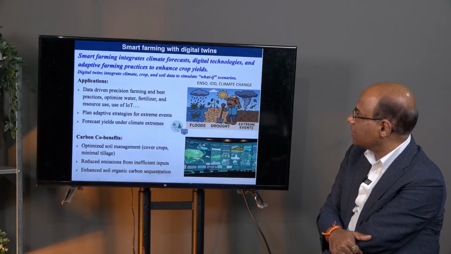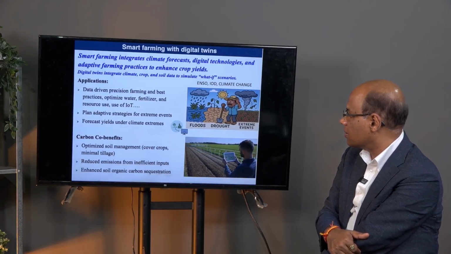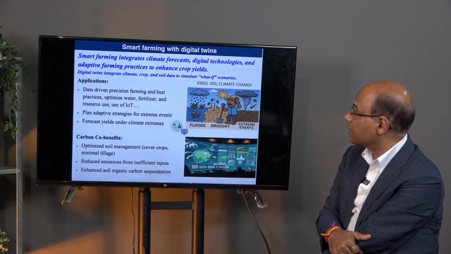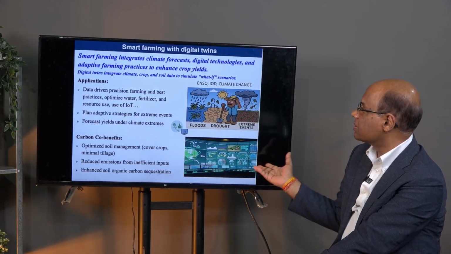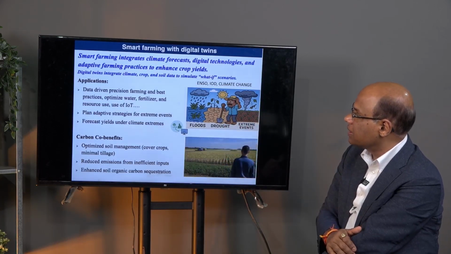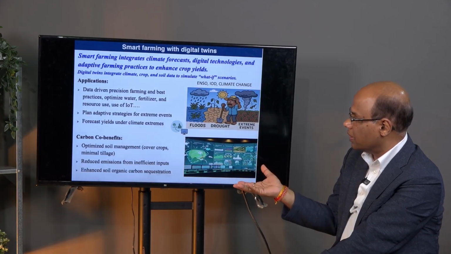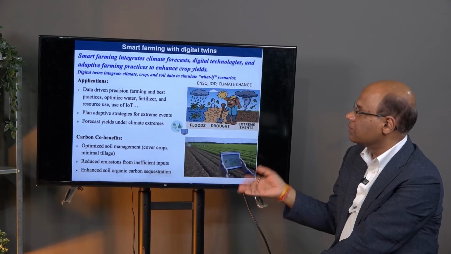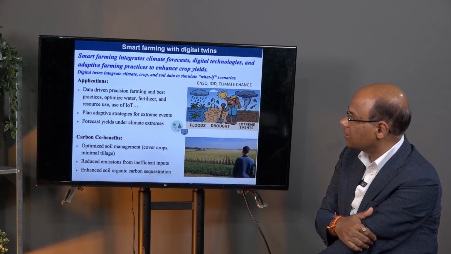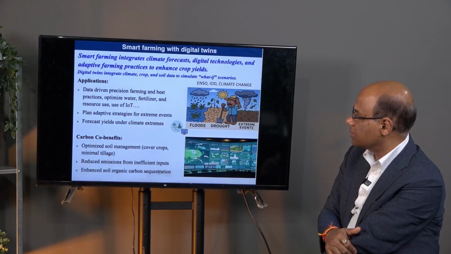So, this is the idea: farmers do not know whether there will be flood or drought, or extreme events, whether it is ENSO or IOD, and they do not understand how to react to different predictions. So, a digital twin will give them direct information: this is the situation happening now, and you should optimize your water use, fertilize, put on the pesticide or harvest, depending on the state of the weather and climate in that region.